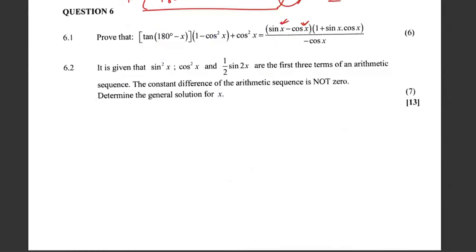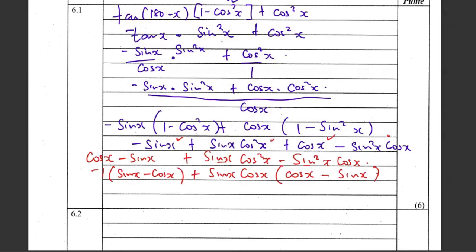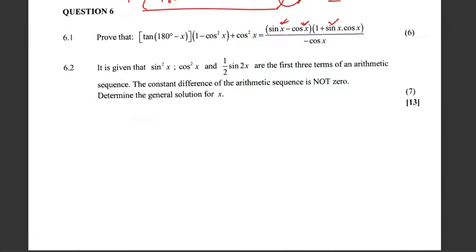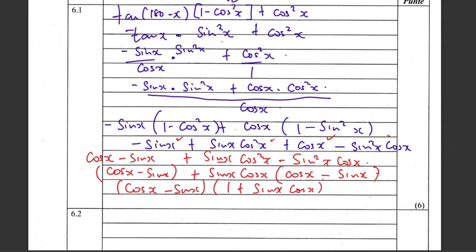This is going to be a 1 plus. Okay, so I shouldn't have really messed it up, no? So cos x minus sine x, this is the same, I take it out. I have cos x minus sine x into 1 plus sine x cos x. Is that what the question is? And then why is this a minus? Okay, yeah, I get it.